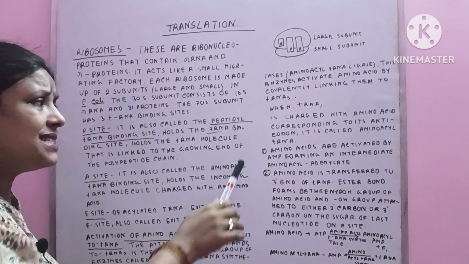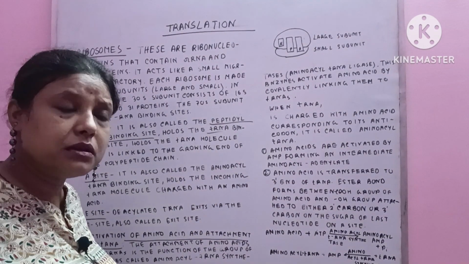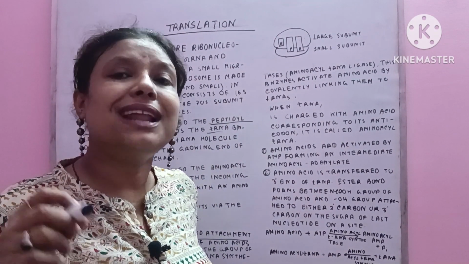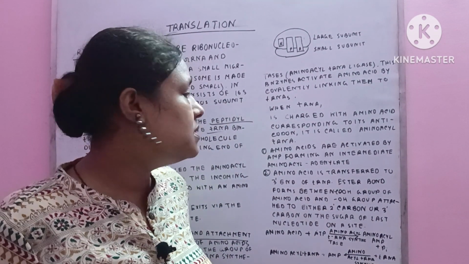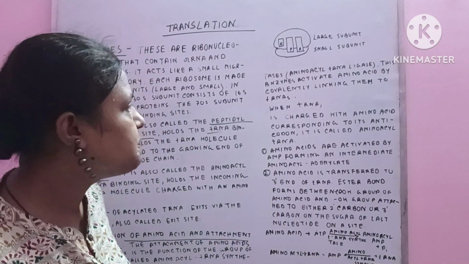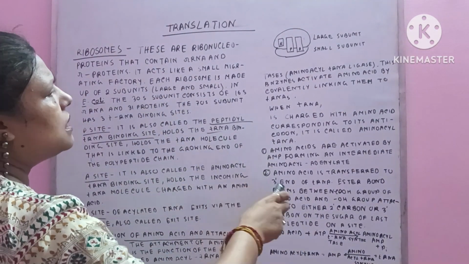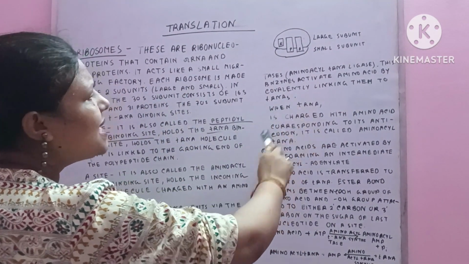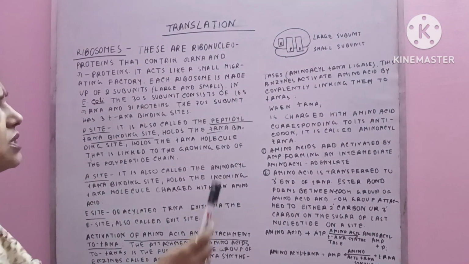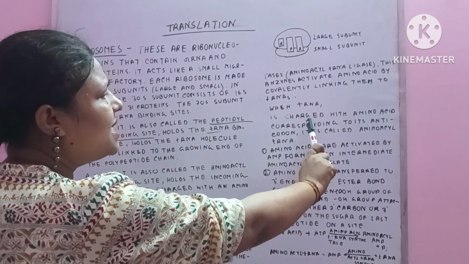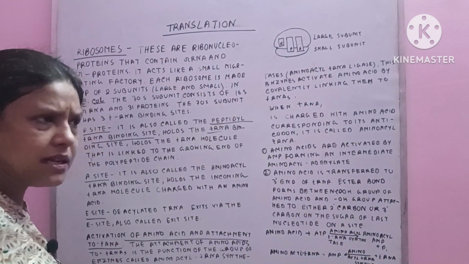After learning about the tRNA structure, this topic will be clear to you. So when tRNA is charged with the amino acid corresponding to its anticodon, it is called the amino acid tRNA.